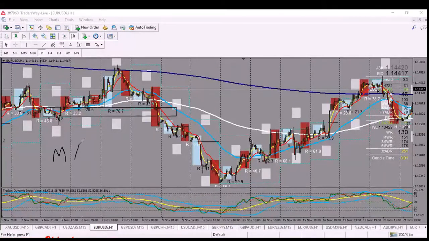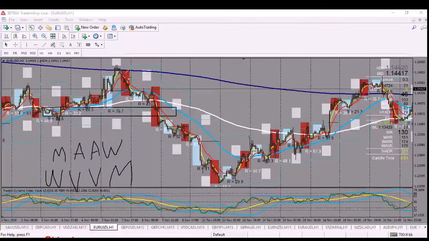M, A, W. Okay, and for a bullish trend, it's going to be W, V, V, M. So what I mean by this is that for the M formation, there is an M in here.